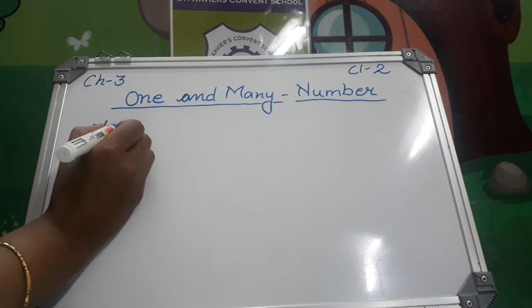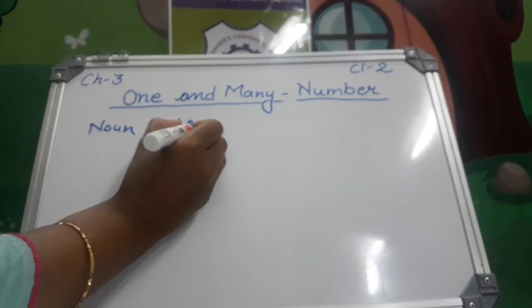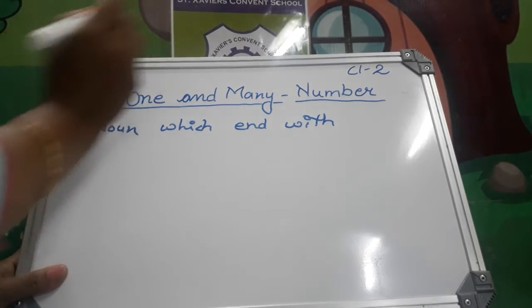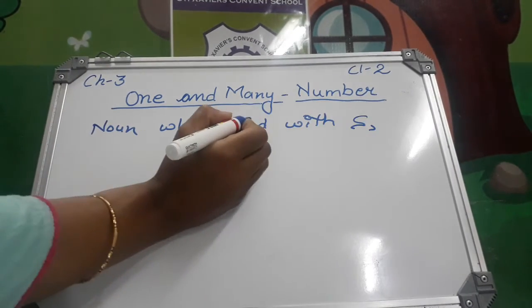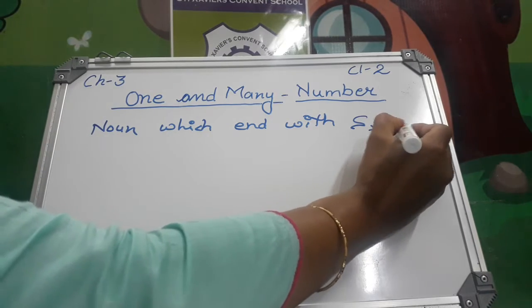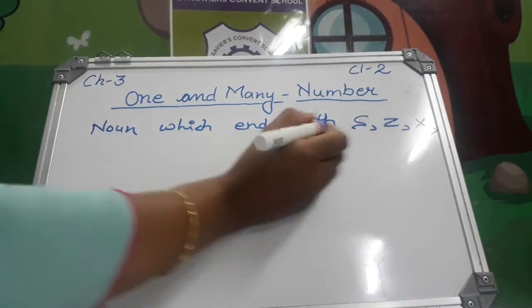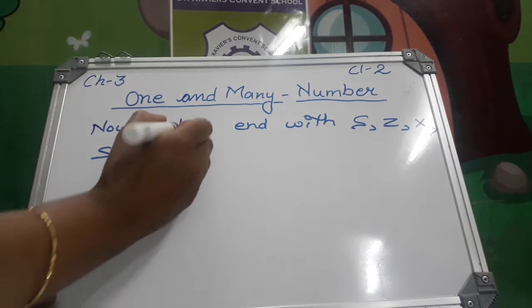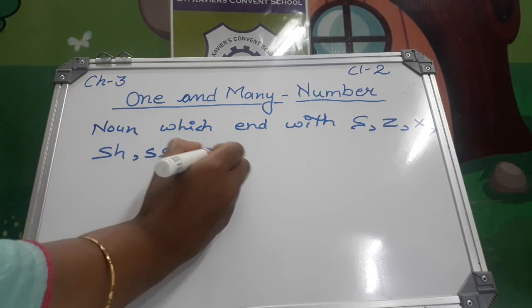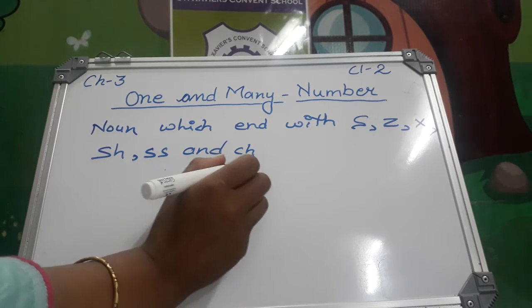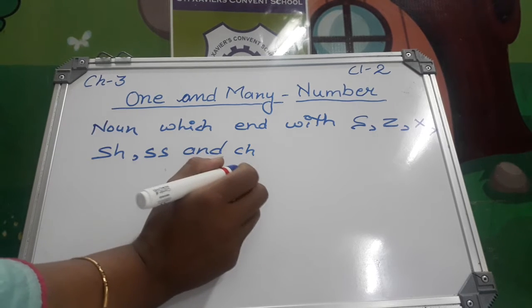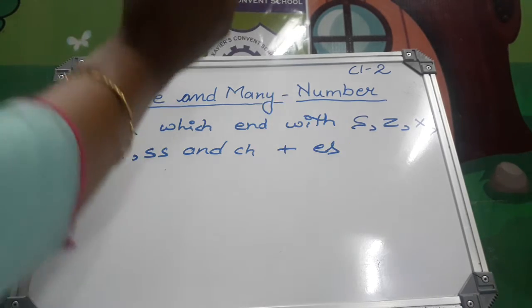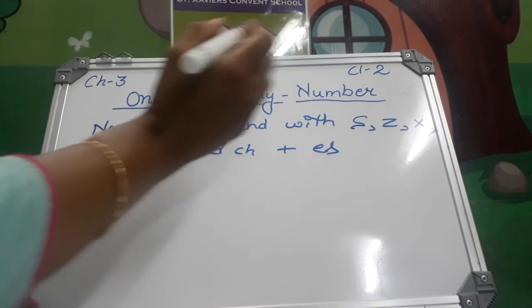Nouns which end with s, z, x, sh, double s and ch change into plural form by adding es. We have to add es with them.